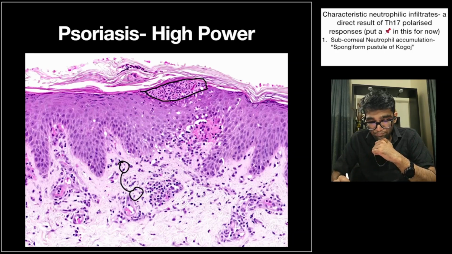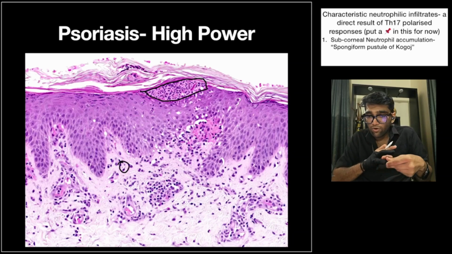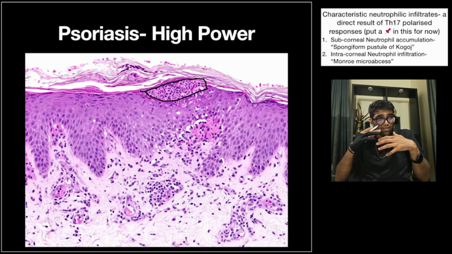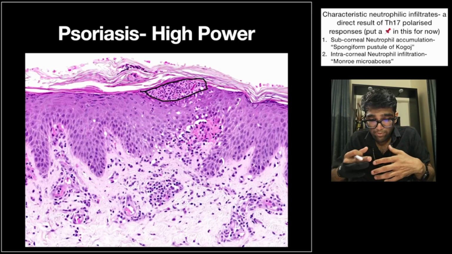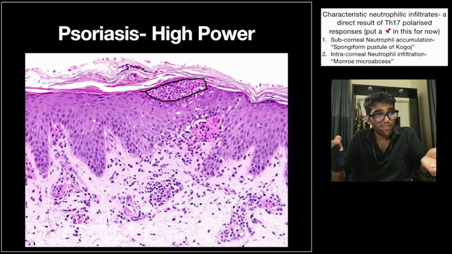And this has been given a moniker that is called the spongiform pustule of Kogoj. Then we also find neutrophils, because the cells are proliferating so fast that the cells dividing at the base of the epidermis reach the superficial most layers of the epidermis within a day or two.